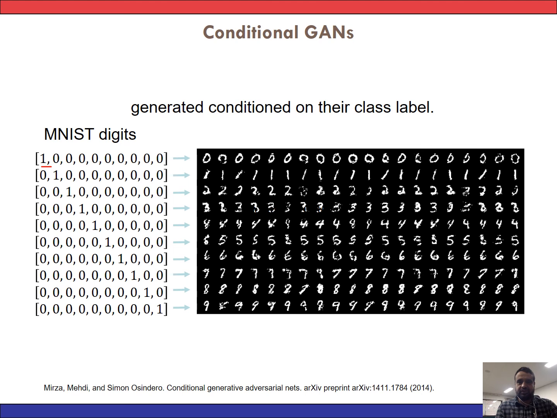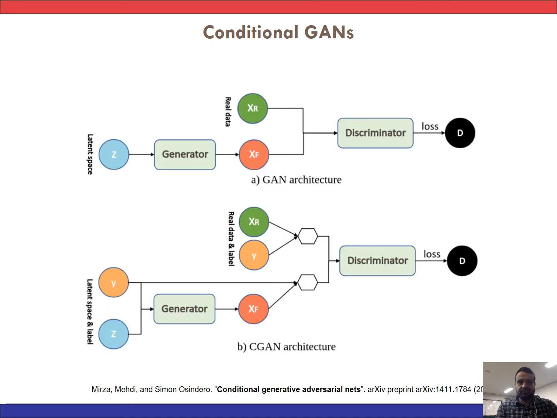Suppose we give 0 as input, we also concatenate this label, which is 1000. Similarly, if we give 1 as input, we concatenate 0100. If we give 2 as input, we concatenate 0010 along with this input image. This is called conditional GAN because it is conditioned on its class also.